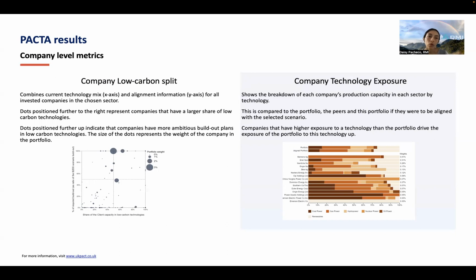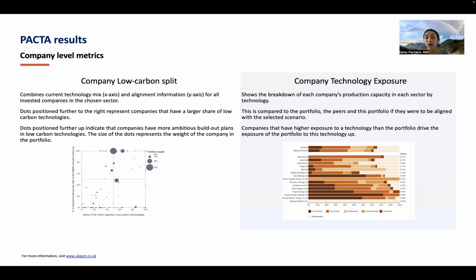The company low carbon split combines the current technology mix, shown on the x-axis, and the alignment information on the y-axis for all invested companies in the chosen sector, either power or automotive. The dots positioned further to the right represent companies that have a larger share of low carbon technologies, while the dots positioned further up indicate companies that have more ambitious build-up plans.